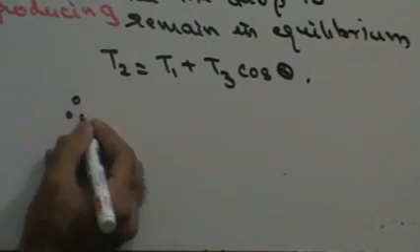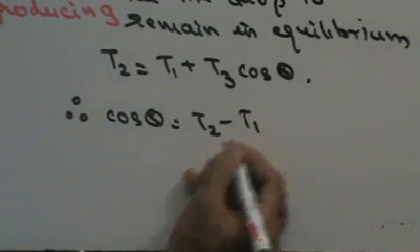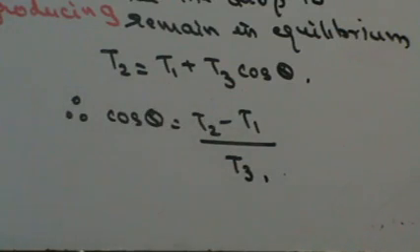Therefore, I can say that cos theta is (T2 minus T1) upon T3. In that case, now we will be able to get the shape of the drop.